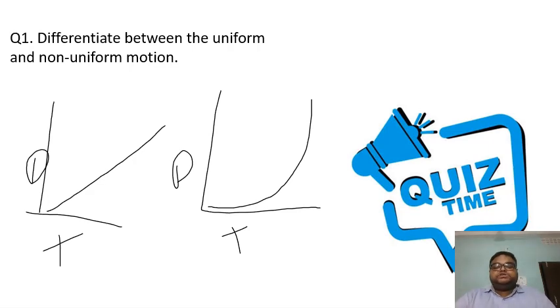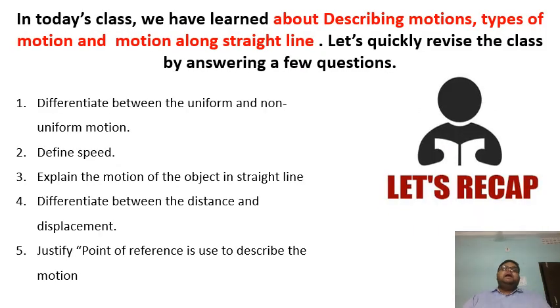Okay, students? So now let's proceed ahead. In today's class, we have learned to describe motions, types of motions and motion along the straight line. Just now we have differentiated between the uniform and the non-uniform motion.